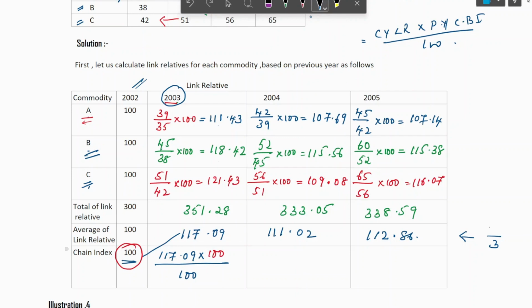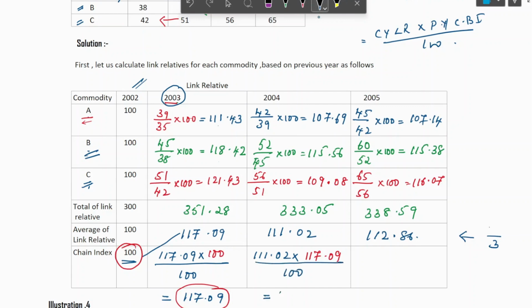What will come next? Here you need to calculate the value, because only then can we continue, right? 117.09. Just make the last row bigger, then you can write it in the same row itself. Here, next, how do you calculate? This is the current year, 111.02, into the previous year chain base index, that is 117.09, the whole divided by 100.